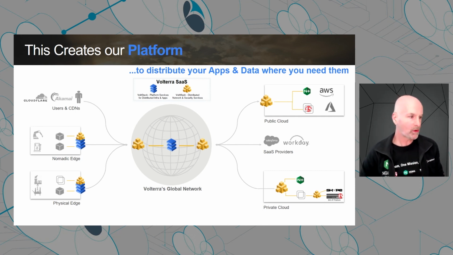But the regional edges also allow you to connect to VoltMesh and VoltStack instances that you deploy into your cloud environment. Those are what we call the customer edge. So once you create this connectivity, you can use Volterra's global network to stitch all of your environments together really simply.